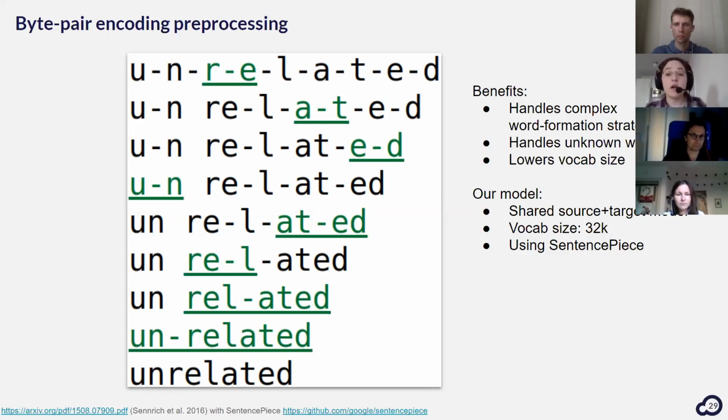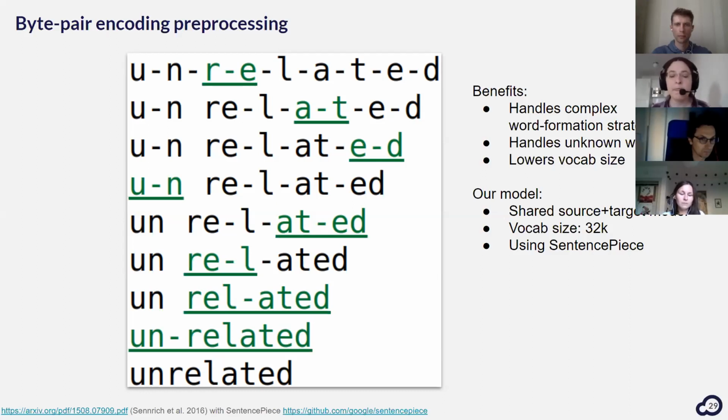This also handles unknown words pretty well because in the worst case, you can just split unknown words character by character. And it lowers the vocab size because now you get to choose how big your vocab is. In our implementation, we chose 32,000 tokens for the vocab.